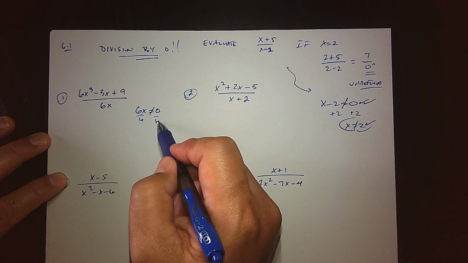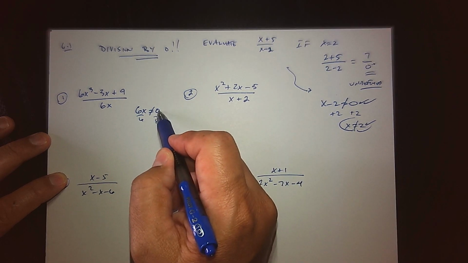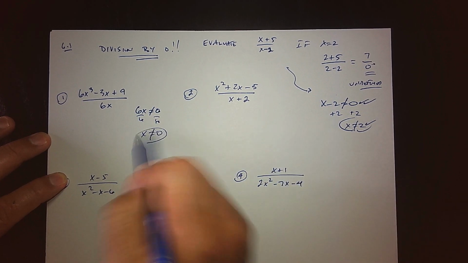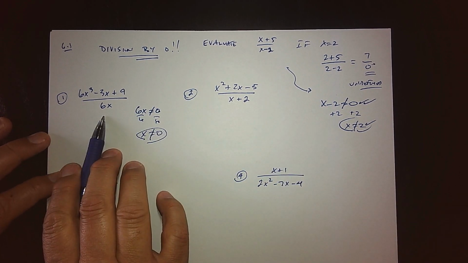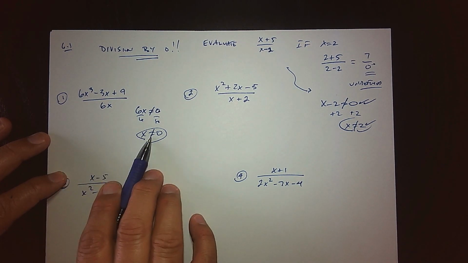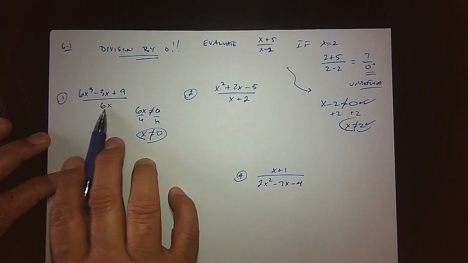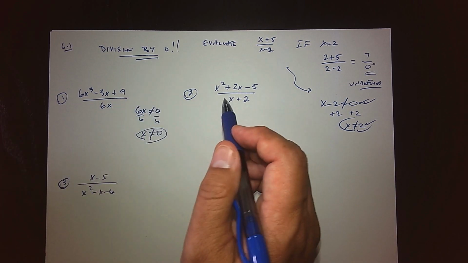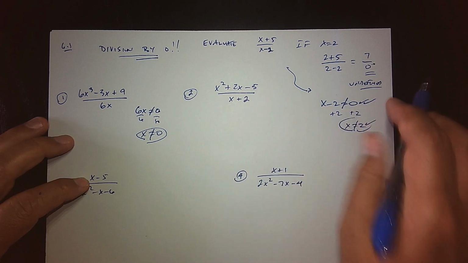Now 0 divided by 6 is defined: 0 divided by anything is just 0. So the value that we have to throw out of this expression is 0. Any value will work with the exception of 0. 6 times 0 is 0, giving us a division by 0, which we're trying to avoid. So there's a restriction.